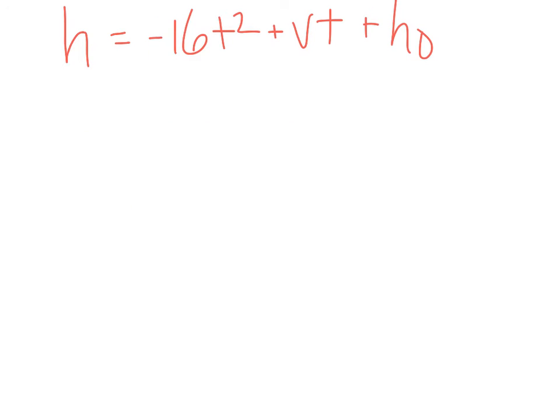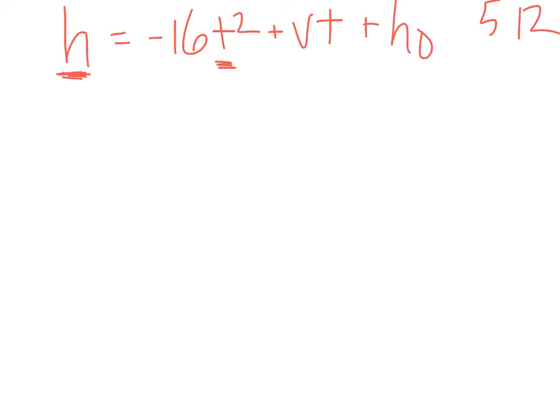Now there are a couple problems on your assignment that use this model for a height of a projectile, like if you're throwing or shooting something into the air. This is the equation, and it is on page 512. So this is the height. So if you're shooting something and it's going to hit the ground, that height would be 0, but we'll have to wait and see.